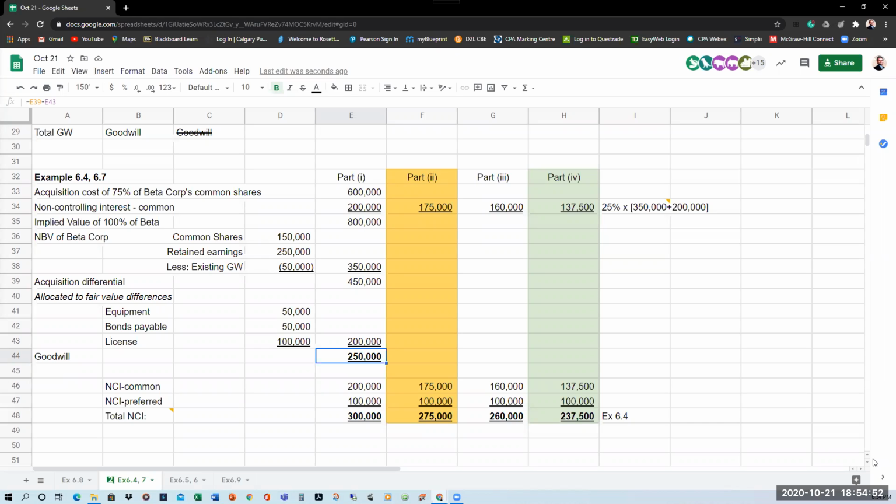And if all of Beta Corp is worth 800,000, Alpha Limited, by dint of its control, is able to command $350,000 worth of net book value. They have command control over $200,000 worth of fair value differences, and what we can't explain with reference to tangible differences, we put under goodwill. So there is a total goodwill of 250,000. Okay.